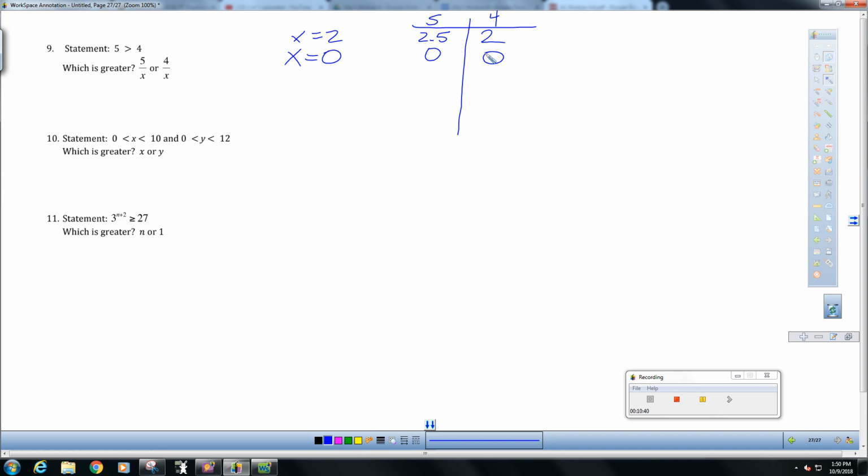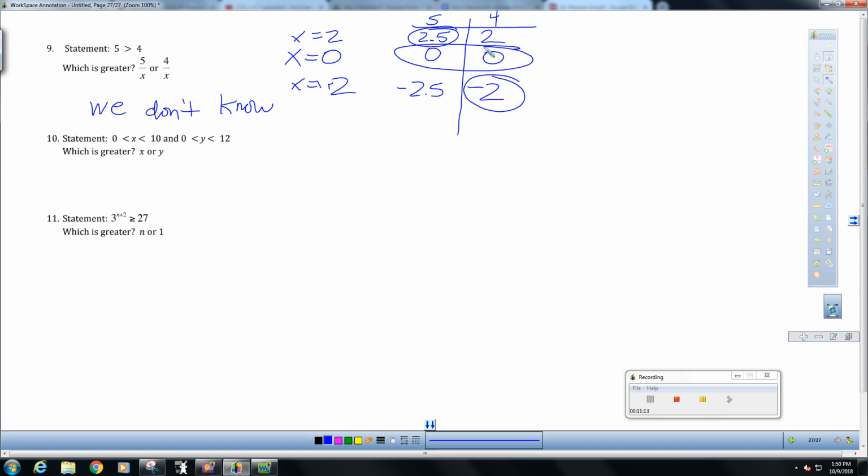So when we multiply or divide by the negative, the sign switches. Maybe that's what this thing is teaching us. But I can tell you right now, we don't know. Because if x is negative 2, you get a negative 2.5 and a negative 2, and now this one's bigger. Got it?